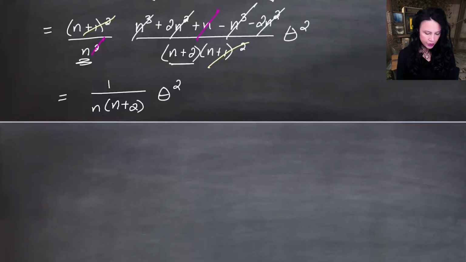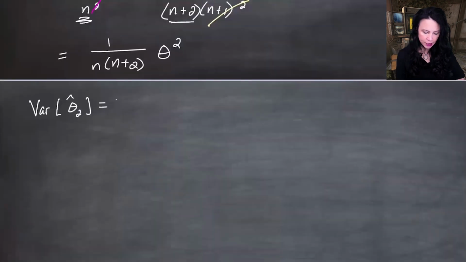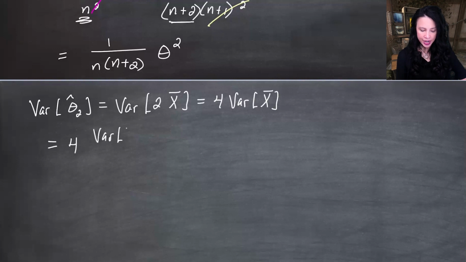Okay, so let's look at the variance of our other unbiased estimator, theta 2 hat. And this one was 2 times x bar. Now that constant comes out, but it comes out squared, so we get 4 times the variance for x bar. And last time we showed that the variance for x bar is just the variance for any one of them over n.